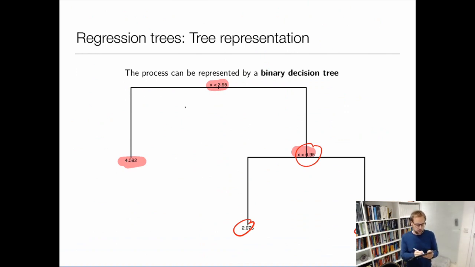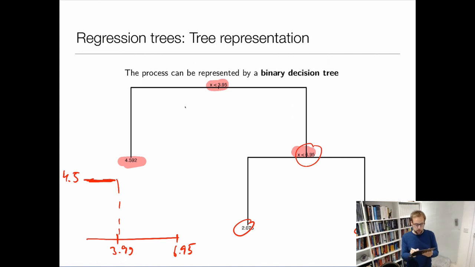It has the splitting points here, the one at 3.95, the other one at 6.95, and all it says is, if I'm to the left of this, I put out this value, 4.5.